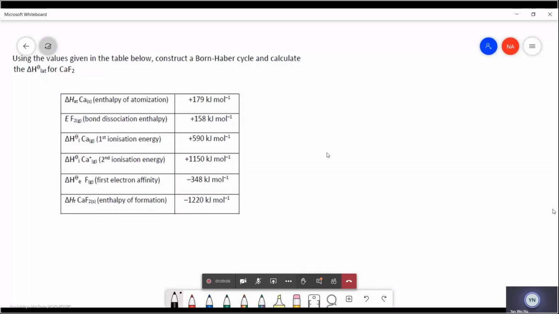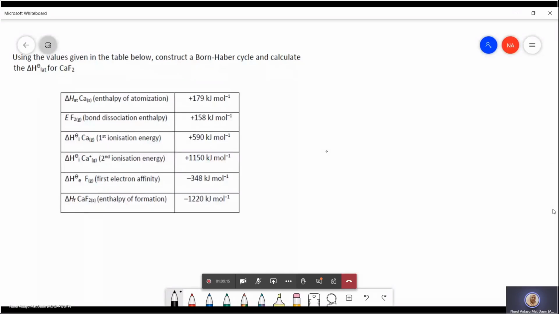Alright, this is what the questions look like for the Born Haber cycle. Using the values given in the table, construct a Born Haber cycle and calculate the delta H lattice for CaF2. So how to do it? We try to construct a Born Haber cycle.